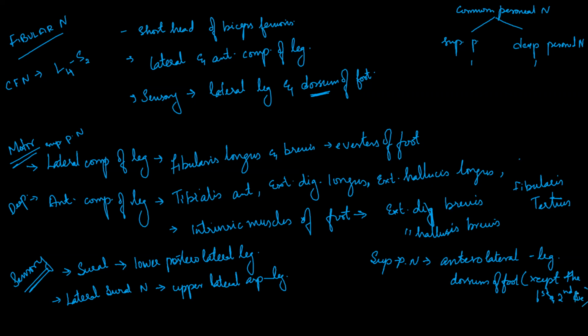Except the skin between the first and second toe, all the other portion of the dorsum of foot and the anterolateral aspect of the leg is supplied by the superficial peroneal nerve.